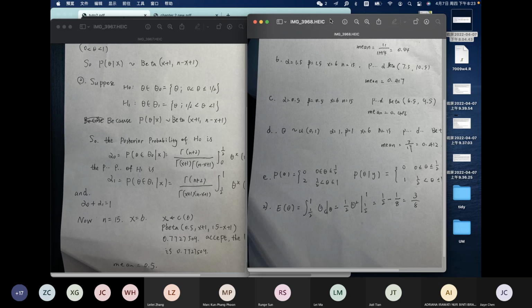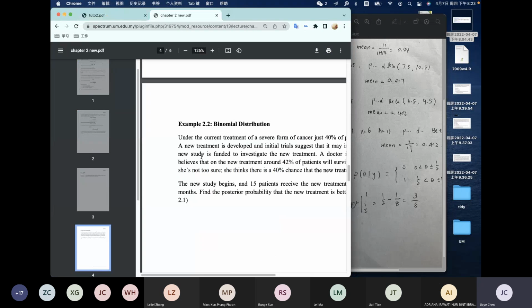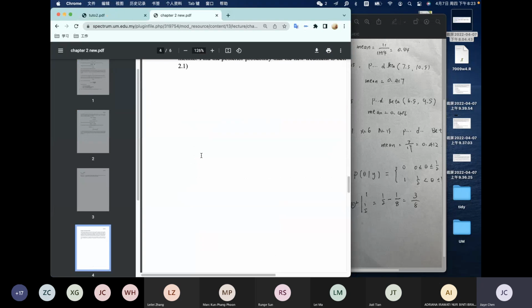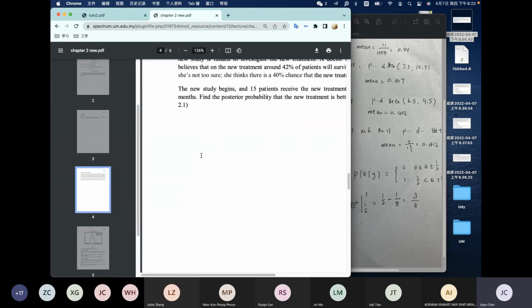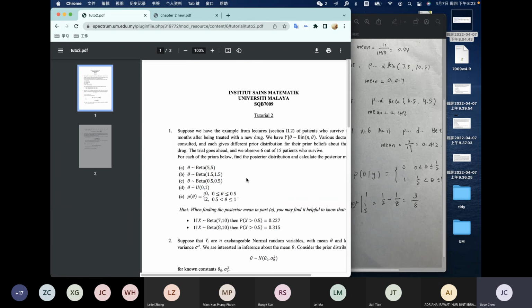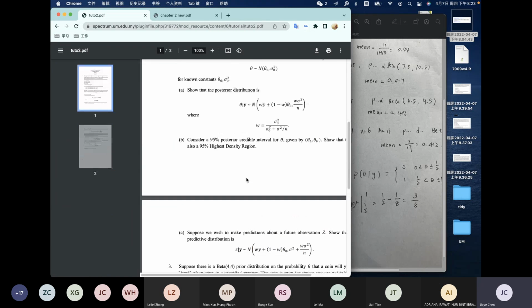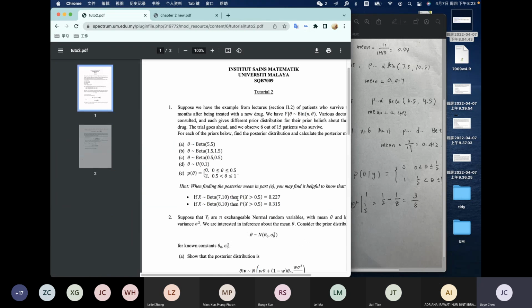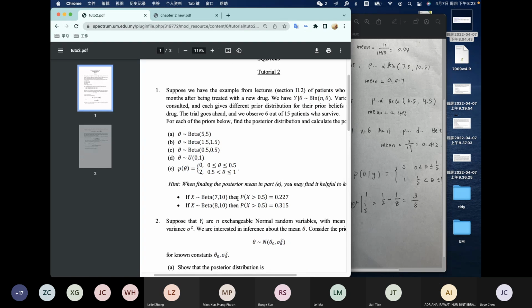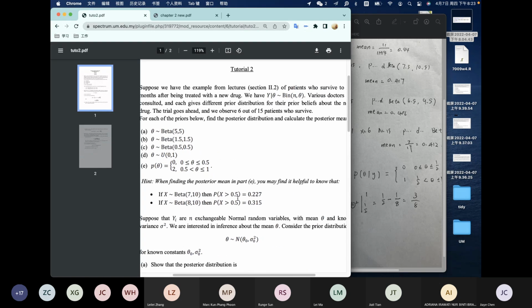Wait, let me see. Sorry, this is not this one. This is the question here. So there's a hint, and the hint is actually for question D.